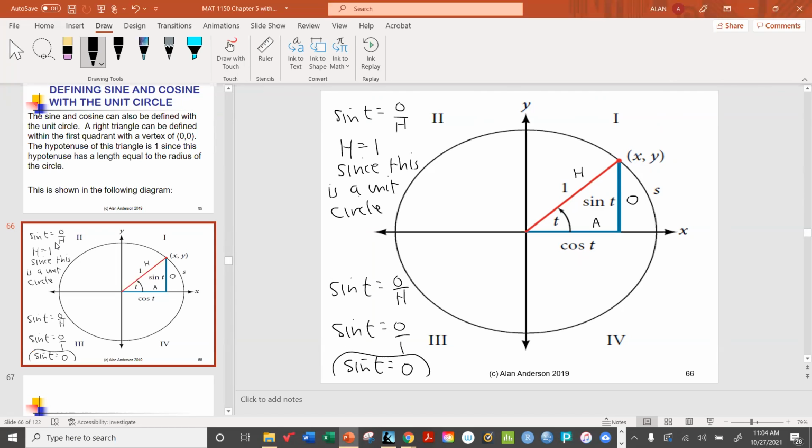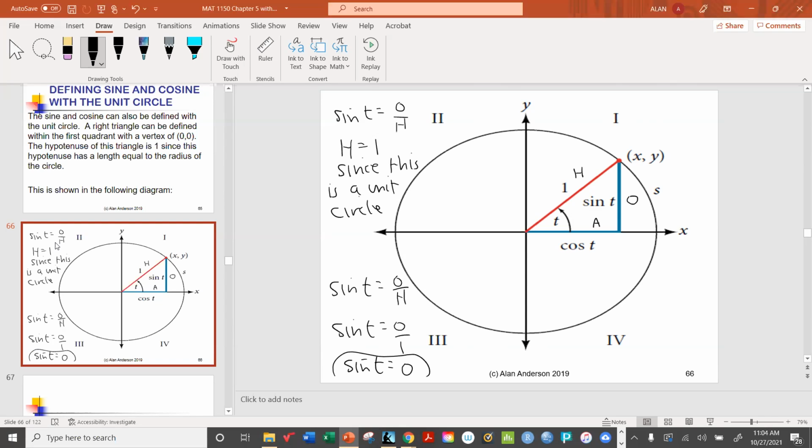So for example, if T is 30 degrees, we've already determined that the sine of 30 is 1/2, which we confirmed in our calculators. That means that blue line would have a height of 1/2.